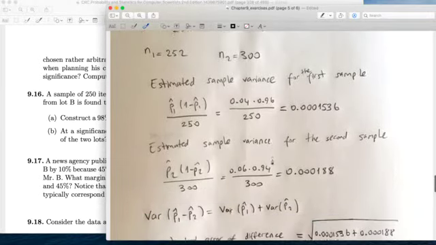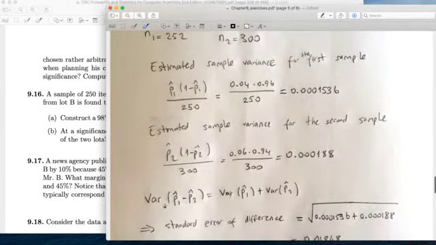N. Now, the variance of P1 hat minus P2 hat, which I will be using in building my confidence interval. In other words, my standard error for the difference of these two things is simply the summation of these two variances. Again, why do we have a minus here and sum these variances up?